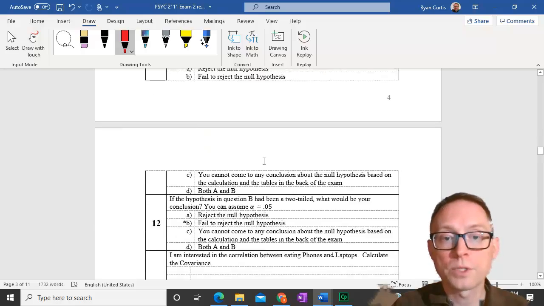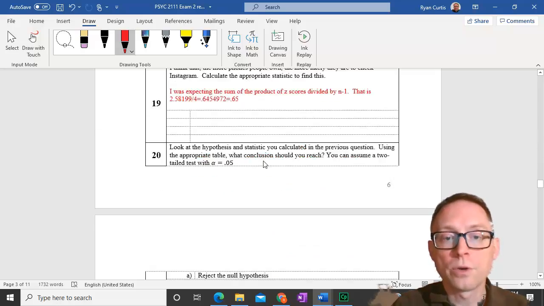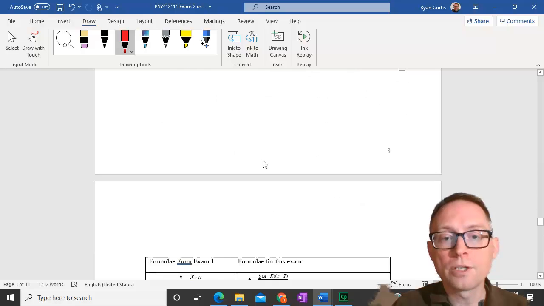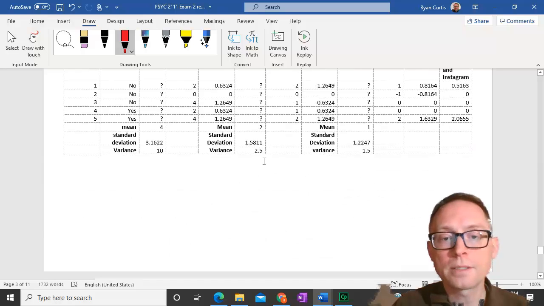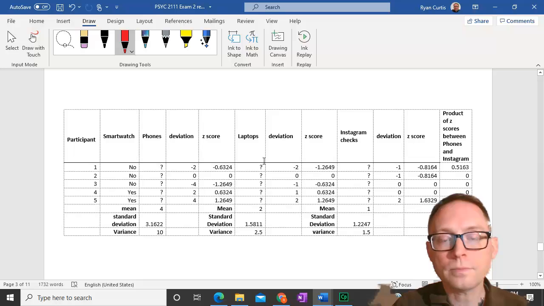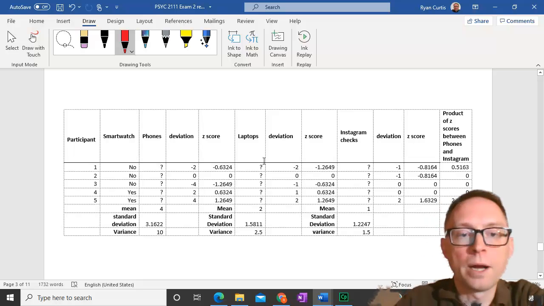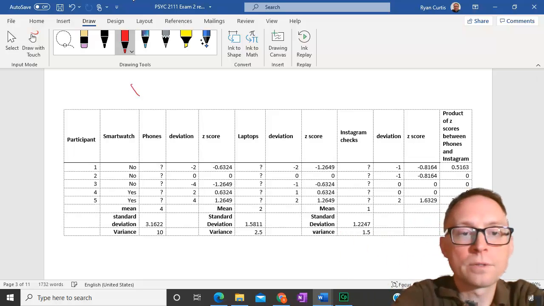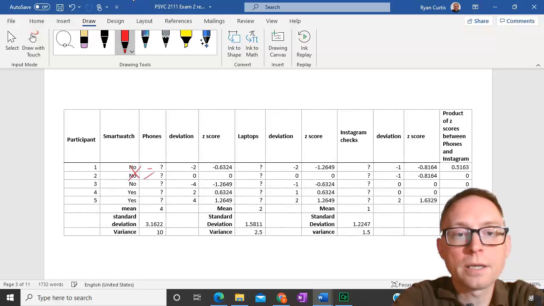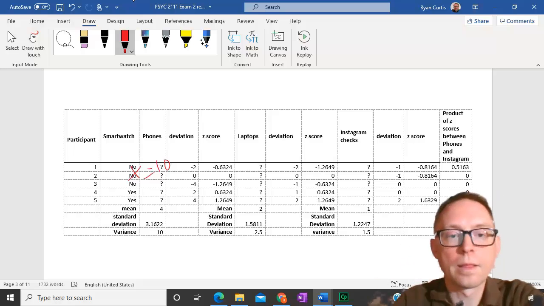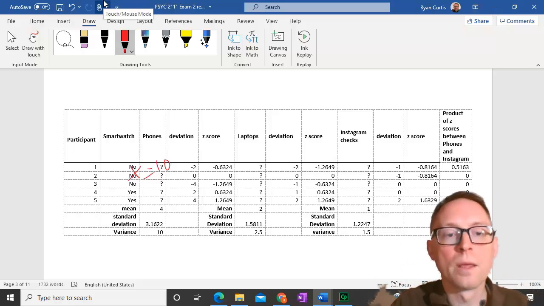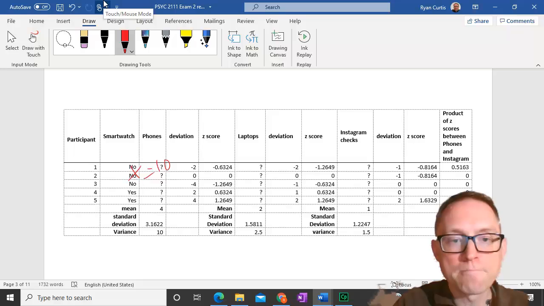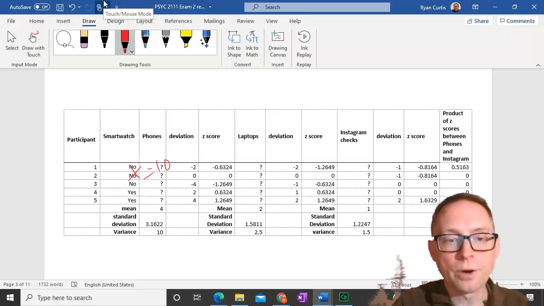So let's go ahead and do this. If I know that my individual has 10 cell phones, in this case x equals 10. Then I need to figure out what is going to be my z-score.